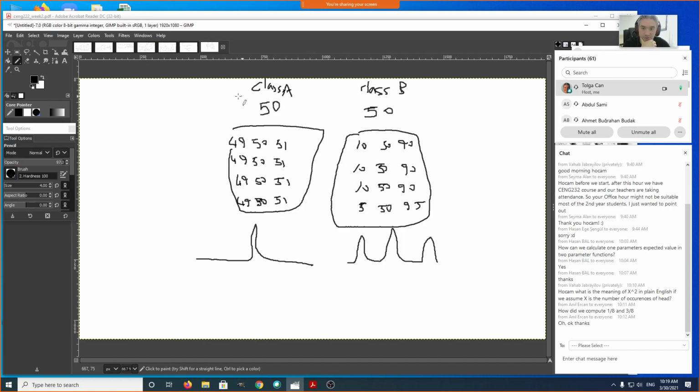When you say the grade you get from class A, let's call this variable x, and the other random variable y, the expected values are the same. But when a student in class A gets a grade of 10, we are going to be surprised, right?